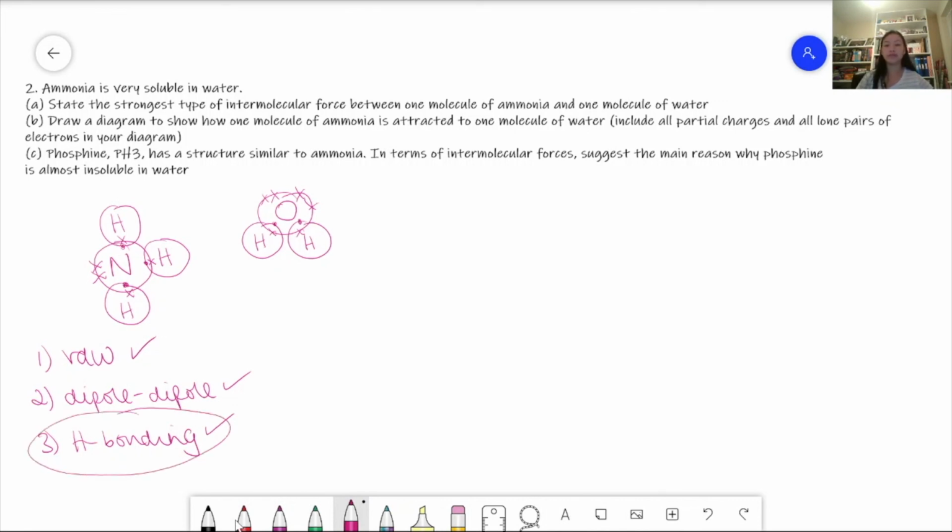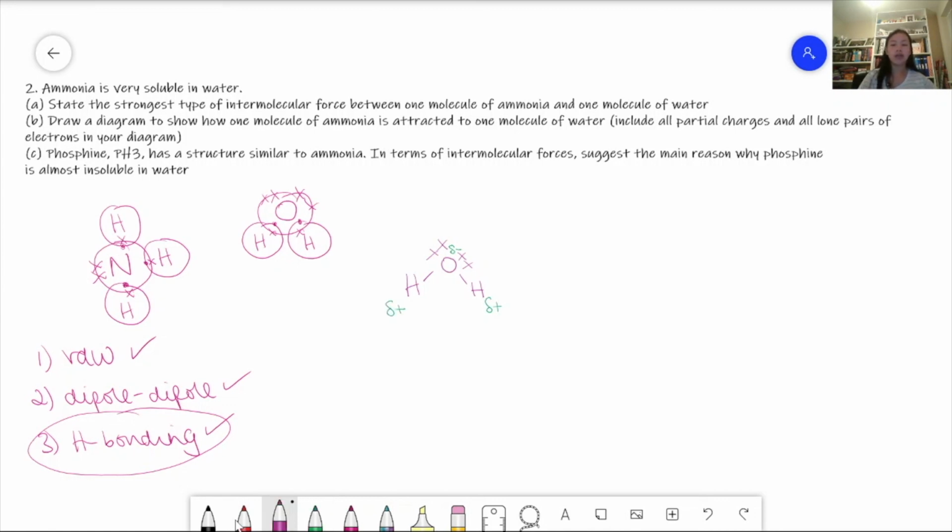So for B, draw a diagram to show how 1 molecule of ammonia is attracted to a molecule of water. So if I draw out the water first, it looks like this, with the 2 lone pairs on the oxygen. So the oxygen is much more electronegative, so we give that the delta negative charge, and the 2 hydrogens have delta positive charges.